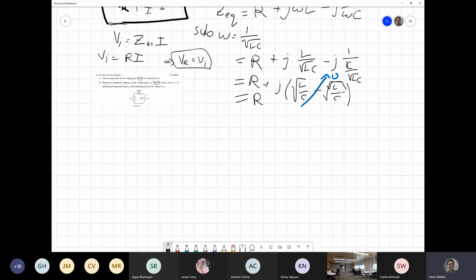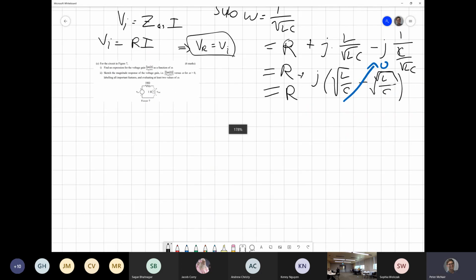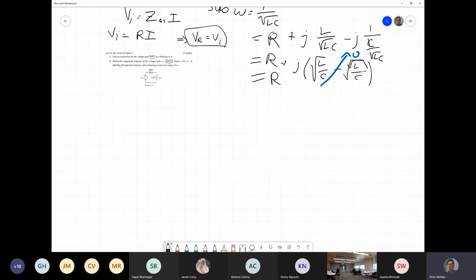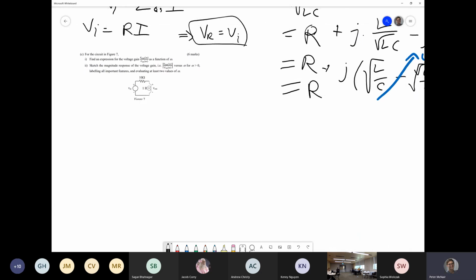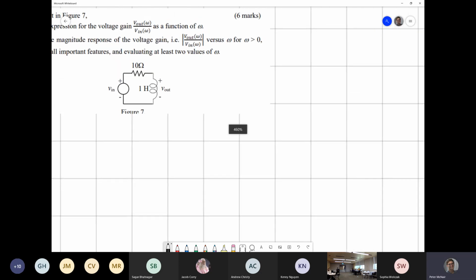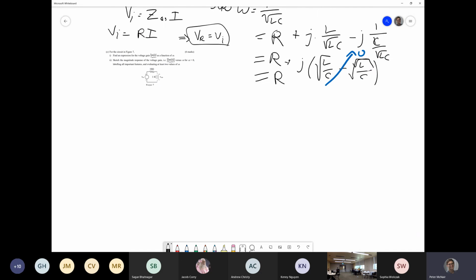We'll have a look at transfer functions because they seem to cause a bit of grief at times. So this is part C of that same paper, 2017. And it's saying for this, I don't know if everyone can see this, I'll redraw it here.